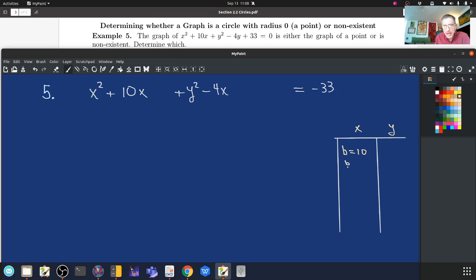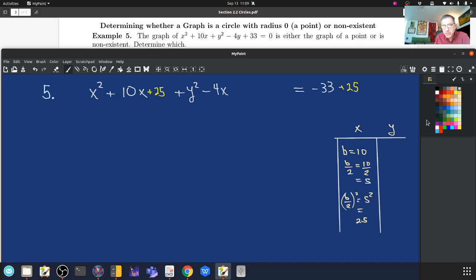So my b halves is equal to 10 divided by 2, which is equal to 5. So that means b halves squared is equal to 5 squared, which is equal to 25. So I'm going to add a 25 here. And since I added it to one side, I have to add it to the other.